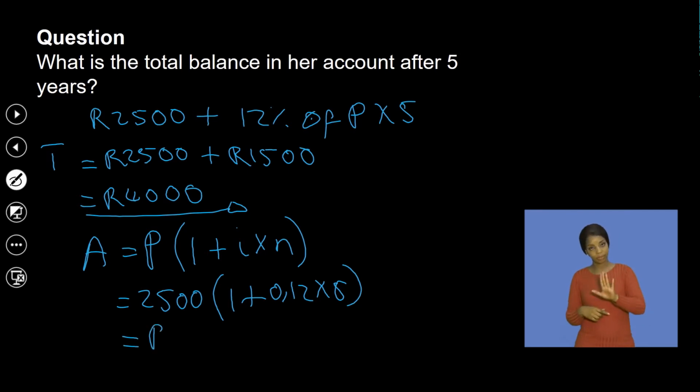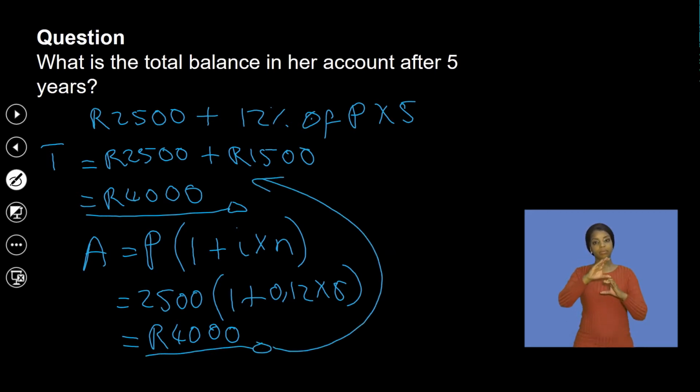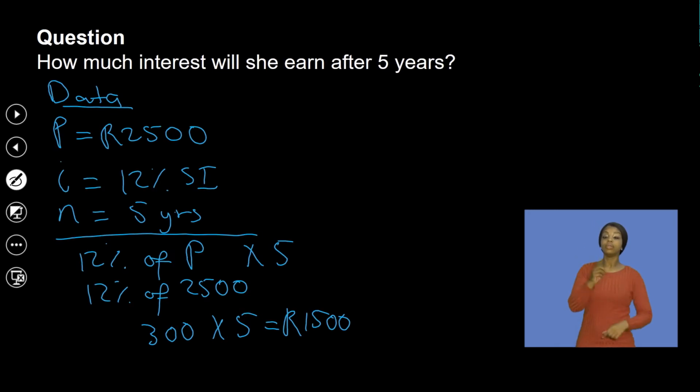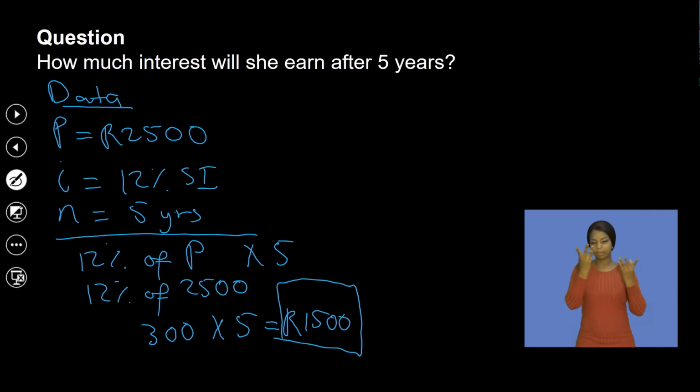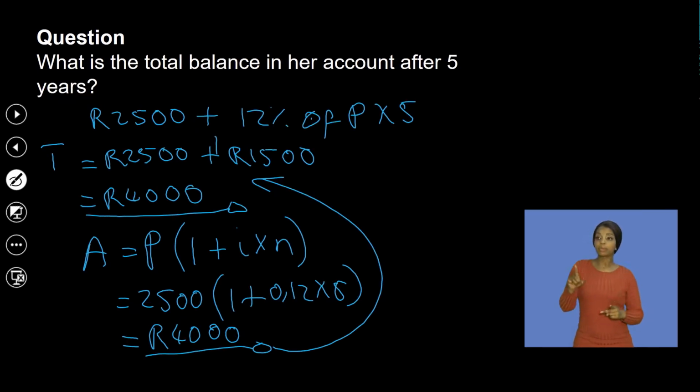And this will still give us the 4,000 that we spoke about with the previous example. So the big idea here is, firstly, we look at how much interest Busi will gain in terms of her investment for 5 years, and then from there we look at how much she will have as the total balance in her account after the duration of her investment, specifically 5 years.